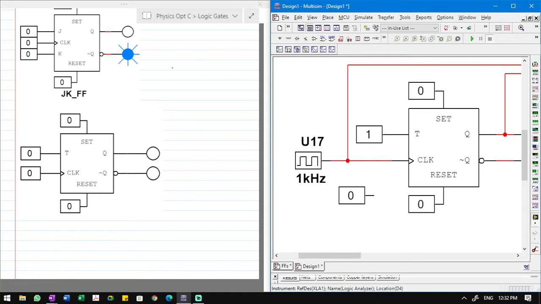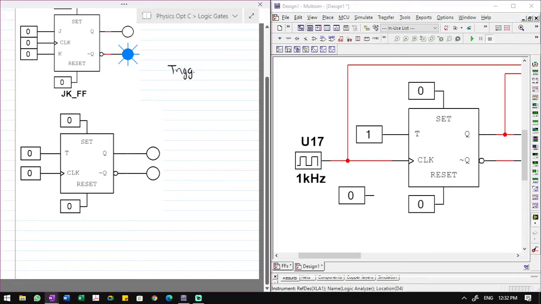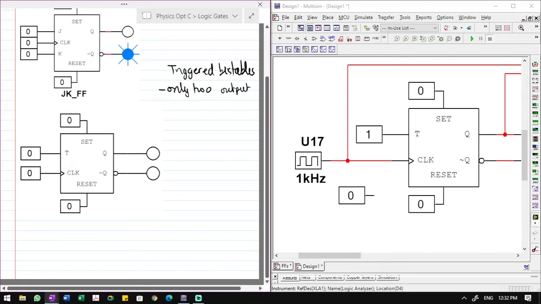So these are examples of triggered bistables, meaning only two stable output states. There are no race conditions, no outputs arbitrarily switching and that kind of thing.